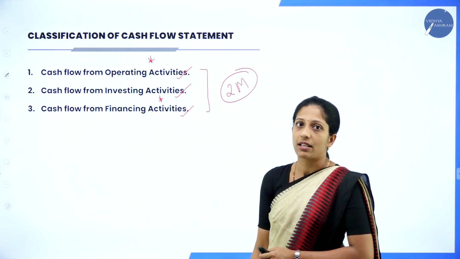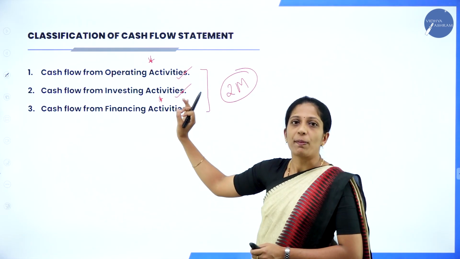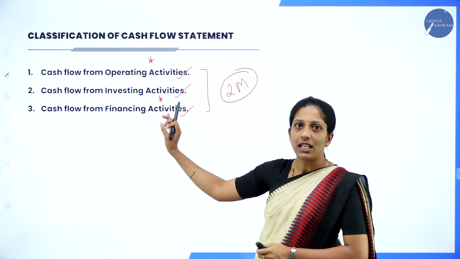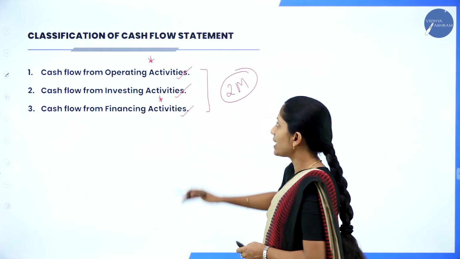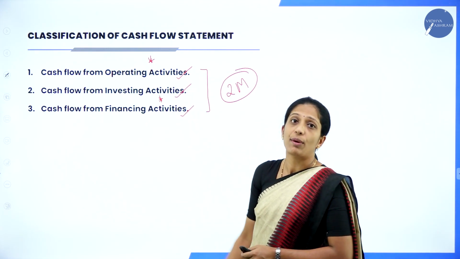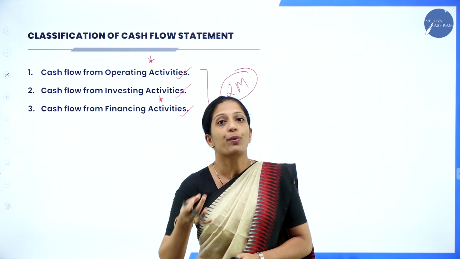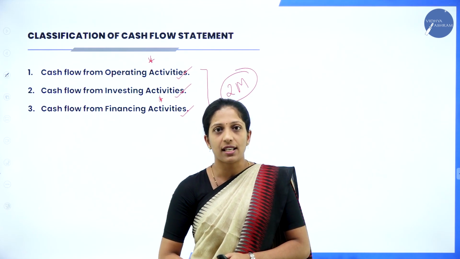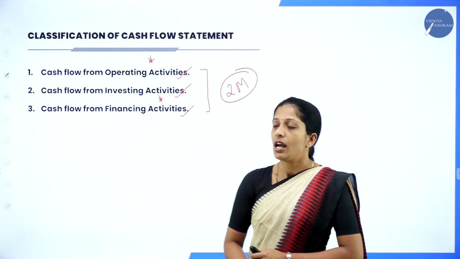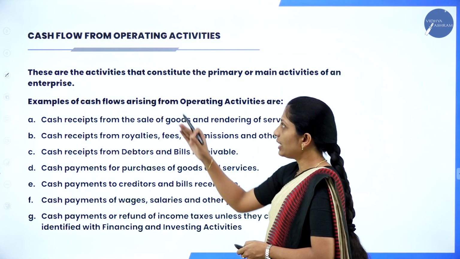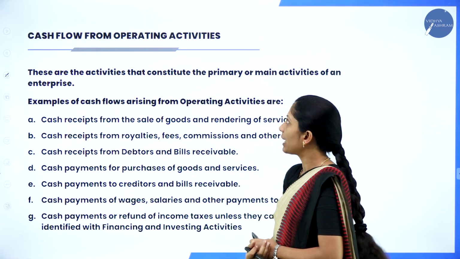So we shall solve problems relating to these activities in individual sessions. In today's session, we shall learn about cash flow from operating activities, what operating activities are and what problems they have asked in previous years based on operating activities.